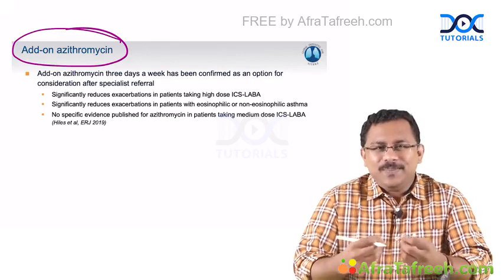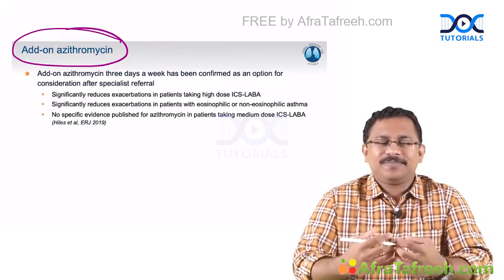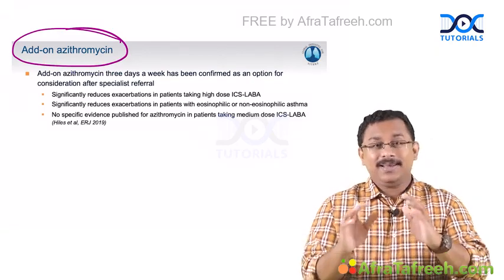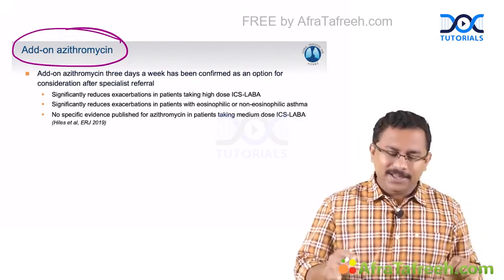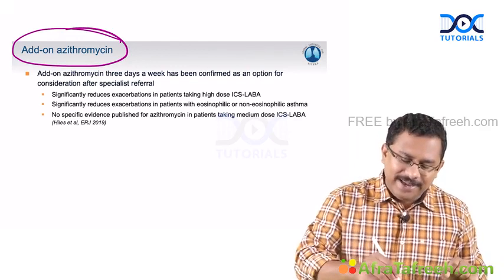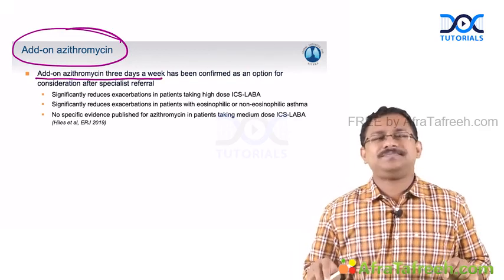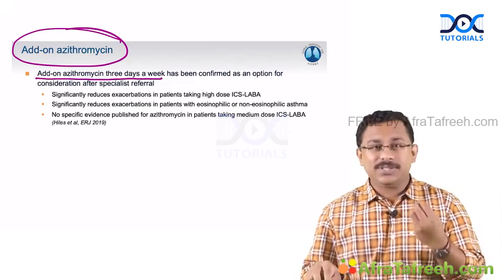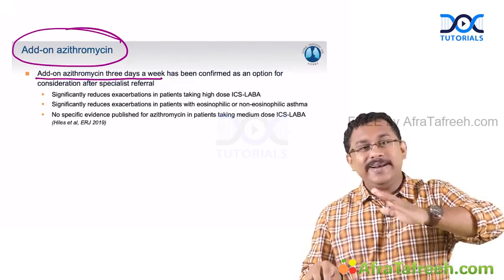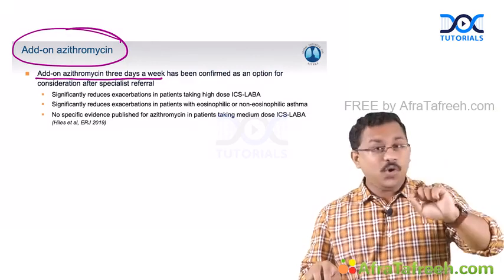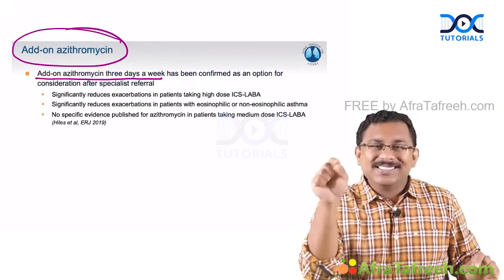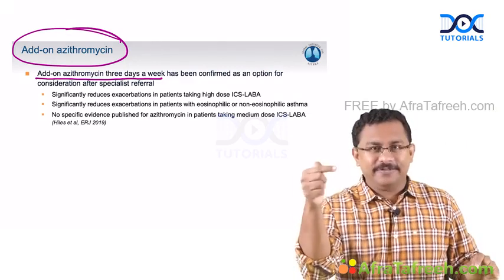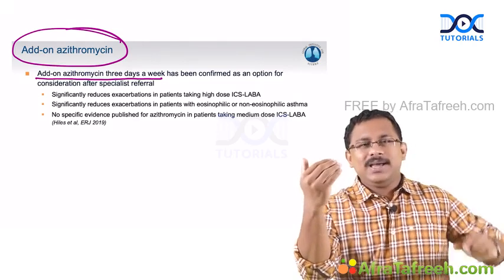In patients who are on step 5 and who are not being controlled by other measures, you can think of adding azithromycin 3 days a week. You might ask me, sir, are you serious to give azithromycin 3 days a week for lifelong? No, it's not lifelong. As long as the patient is in step 5.